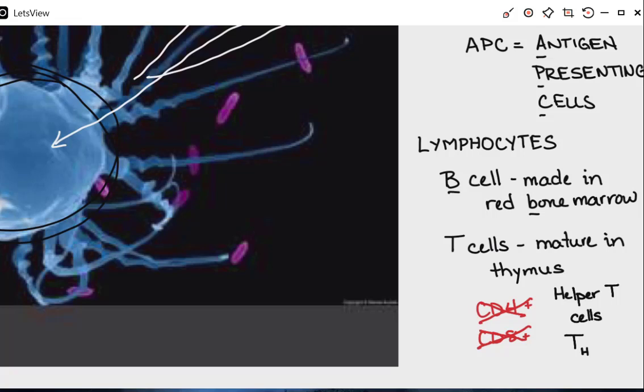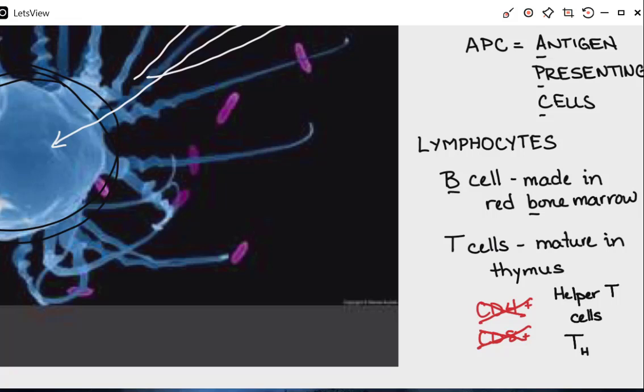So again, if you go into the literature and you see CD4 positive, it's probably a helper T cell. The other one, cytotoxic T cells, do not play a role in humoral immunity and therefore will not be included in this lecture. We'll talk about them in the next lecture when we do cell-mediated immunity. But for now, we're just looking at helper T cells.